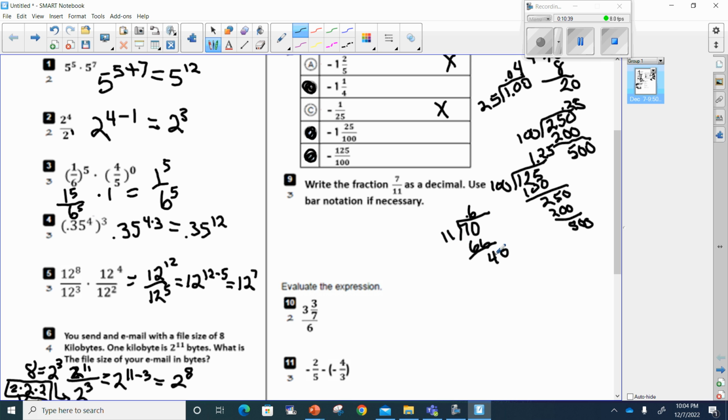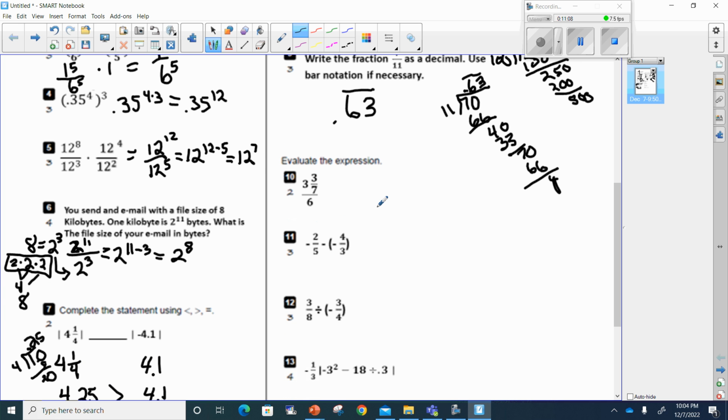Now I'm going to have to see 11 goes into 40 3 times, with 33. That leaves me 7 again. And now I see it's going to do the same thing over and over again. Which means I can say that this is 0.63 repeating. Remember, the bar goes over the 6 and the 3 because both are repeating.